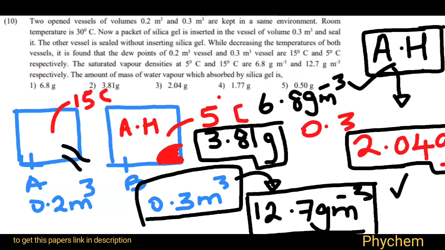That's simple. You know the initial water vapor and the final available water vapor, so the difference in the water vapor will be absorbed by the silica gel. So you need to find the difference. You have to subtract 2.04 from 3.81, so you will end up with 3.81 minus 2.04, which is 1.77 gram. So the answer is the fourth answer.